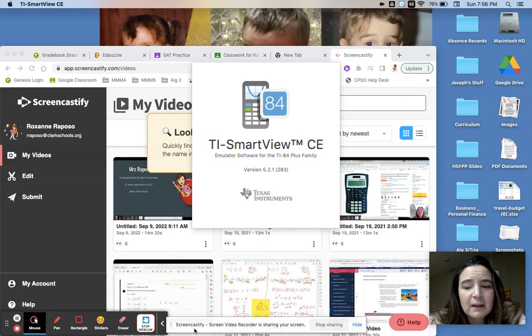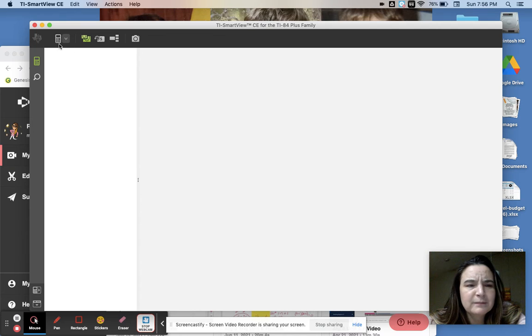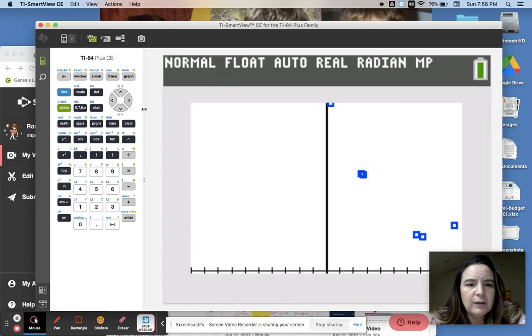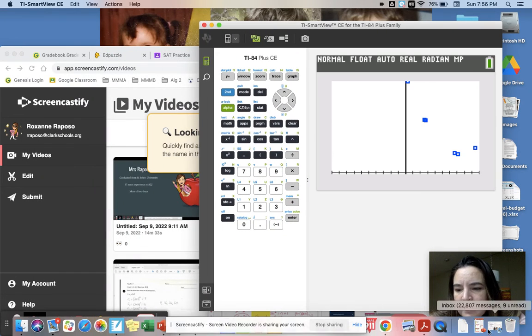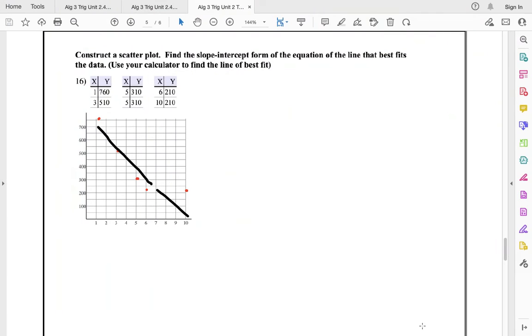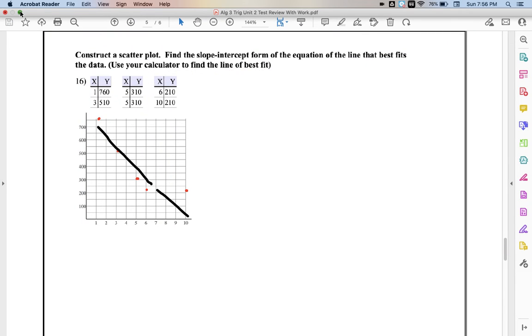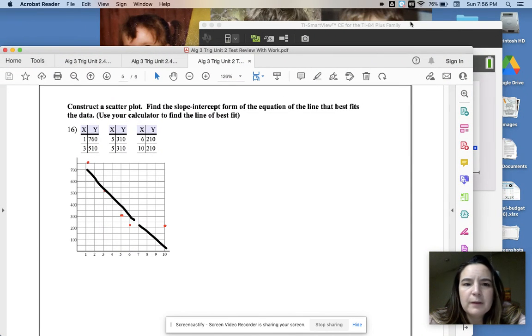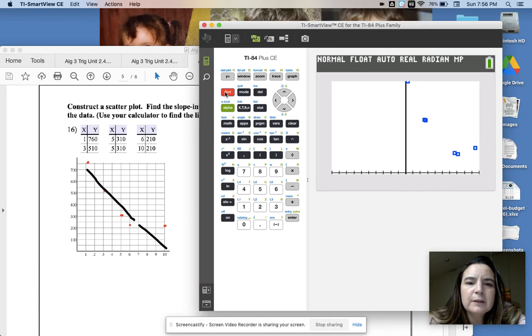Sorry about that. Okay, it's taking a second to load. So sorry about that. So let's move this over to the side. And let's keep this up as well, but let's move this over to the side, so that way I could see both things at the same time. Sorry about that.